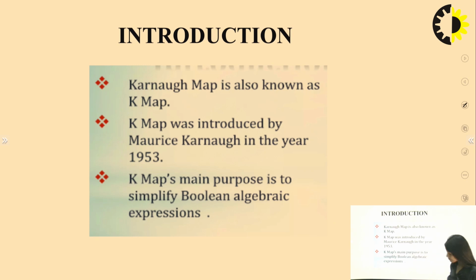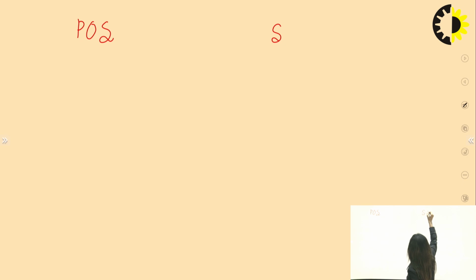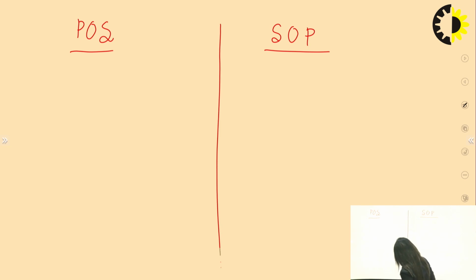So here we start from the product of sum and sum of product. Product of sum, and sum of product. I consider it to be known to you, since first year students always know these expressions. Still we will take one example.